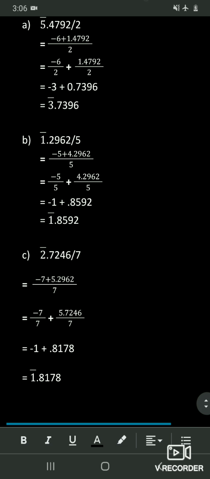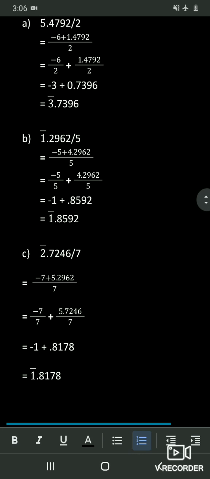So again, let's see another problem. The third problem is minus 2.7246 divided by 7.